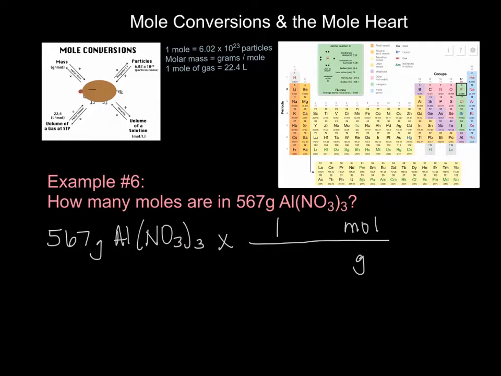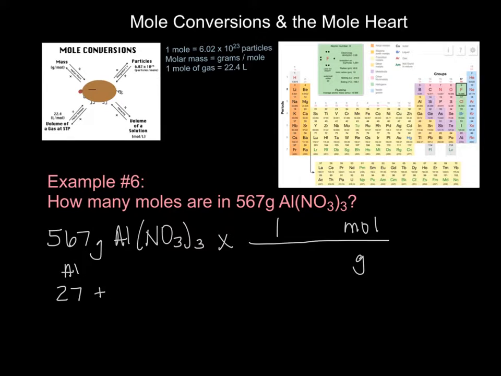So my molar mass of my aluminum is 27 grams plus, and this is where it gets a little tricky, I have to calculate the molar mass of my nitrate. And even though this is a polyatomic, we're going to calculate the molar mass the same way we would any other molecule, just by using our periodic table.